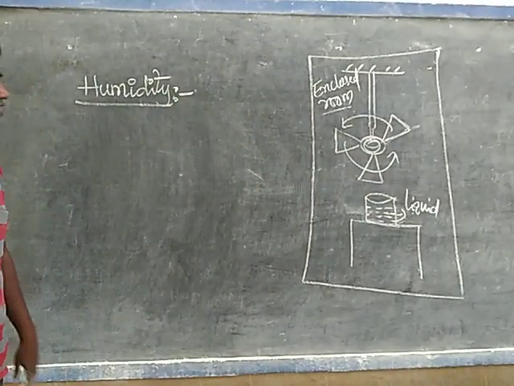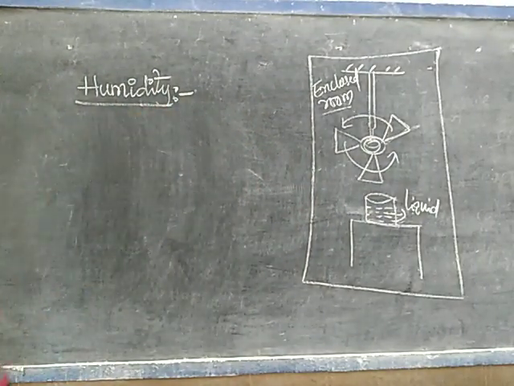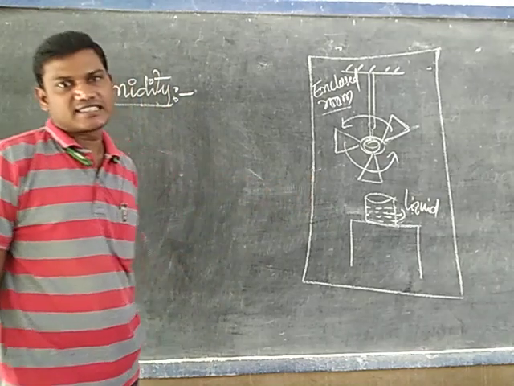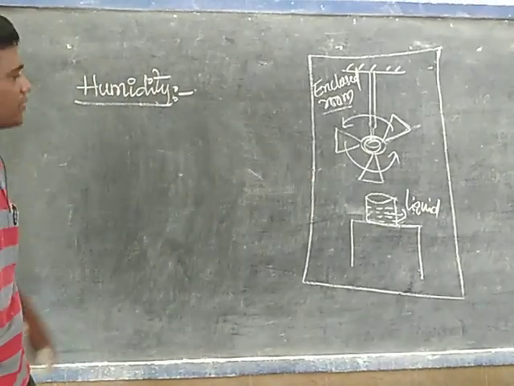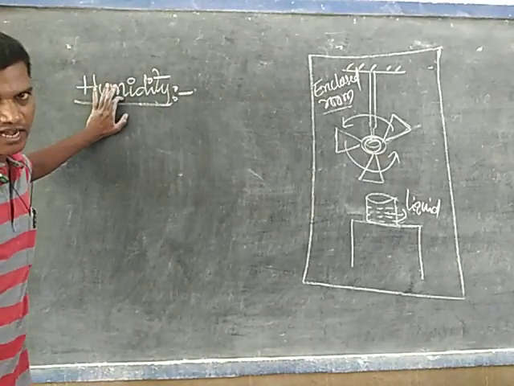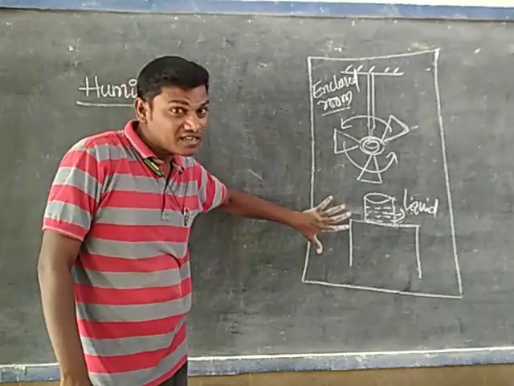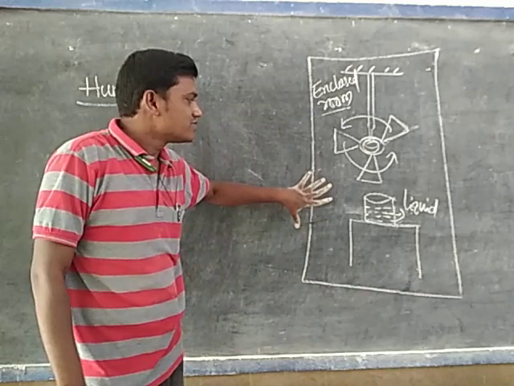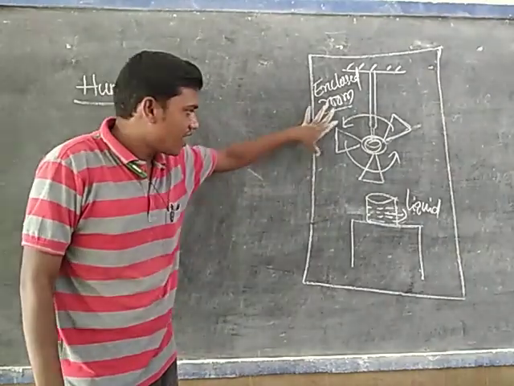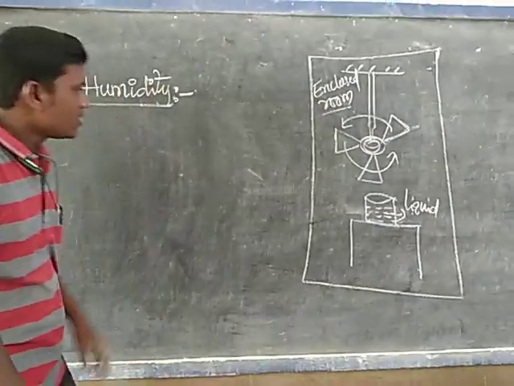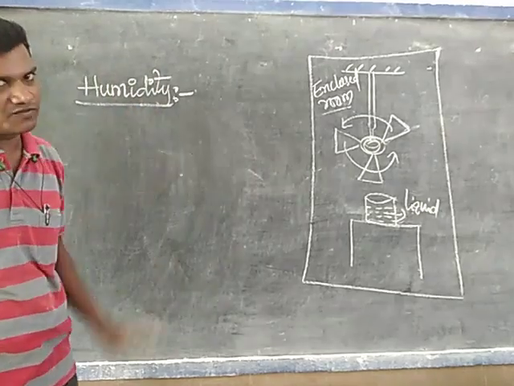Now with the help of this diagram, or this activity, you can easily understand the humidity concept. But during the examination, there is no need to draw this diagram. I draw it just for your understanding. So what is humidity?